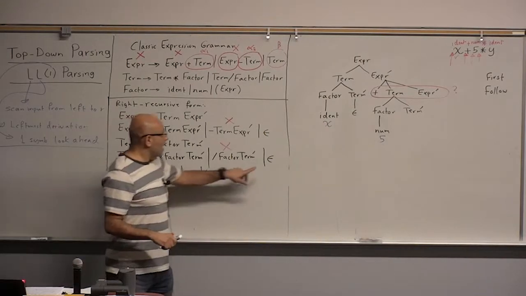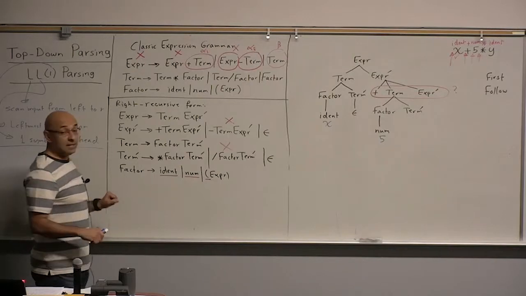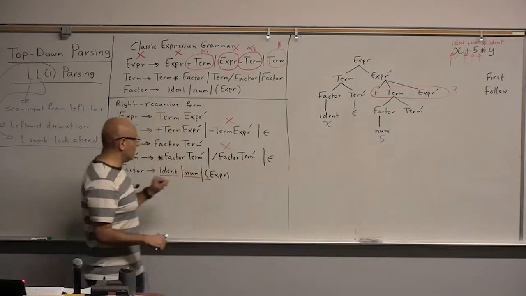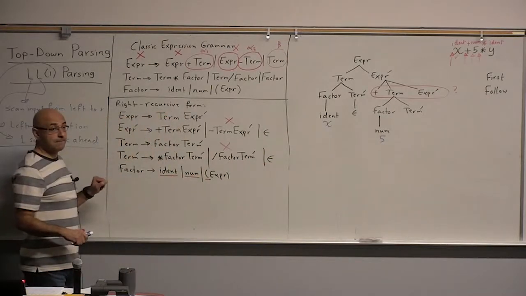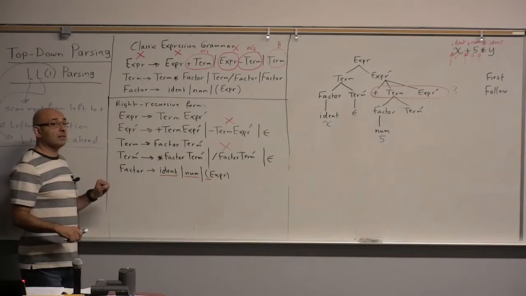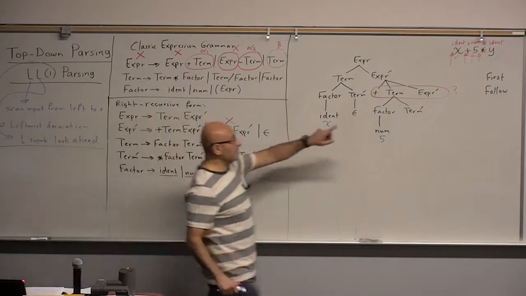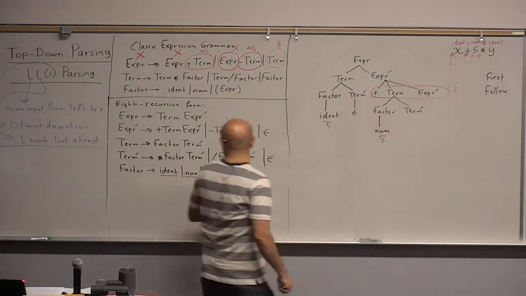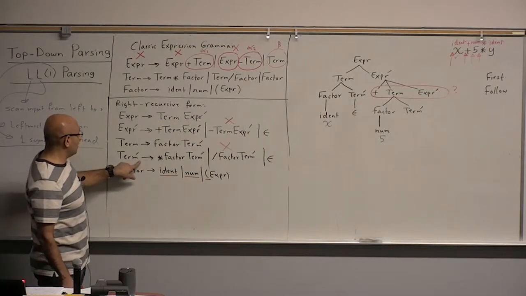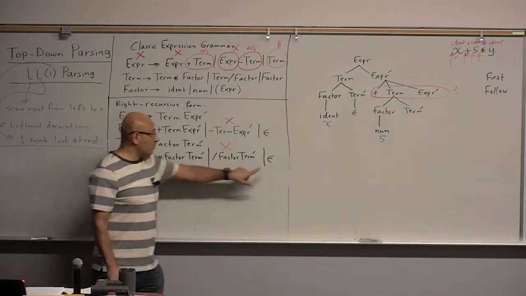But epsilon could be a correct substitution in this case if it's in the follow set. If what is in the follow set of what? The multiplication. If the multiplication is in the follow set of term prime, this would be a correct substitution.